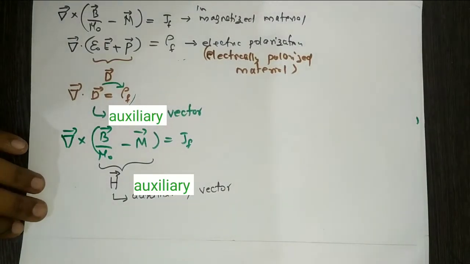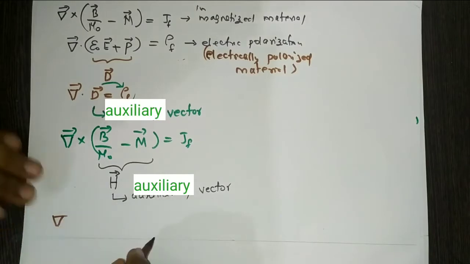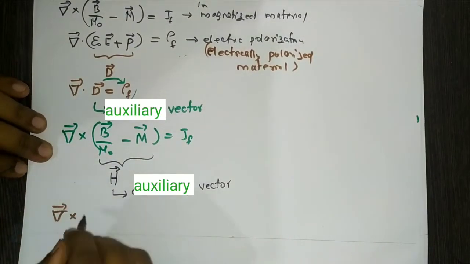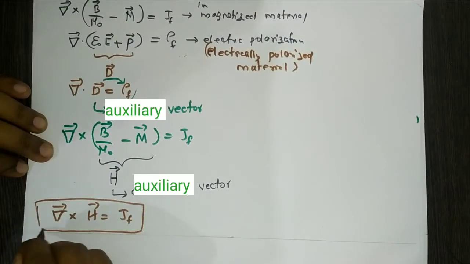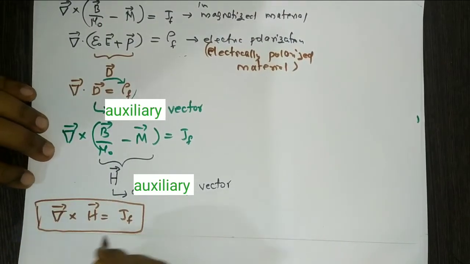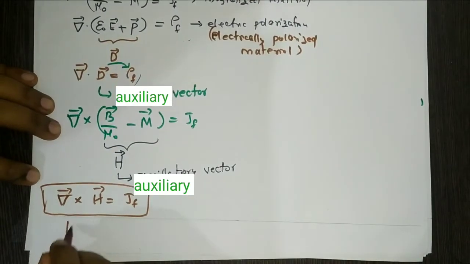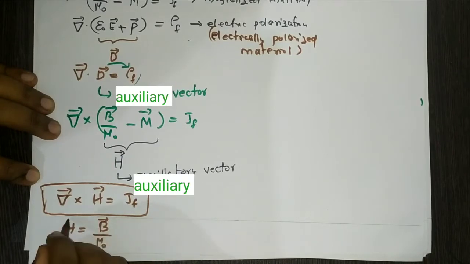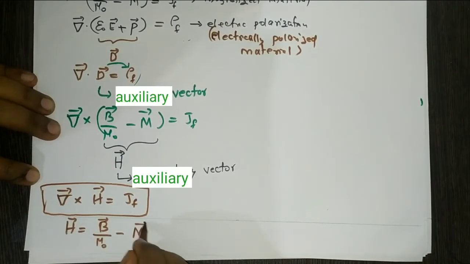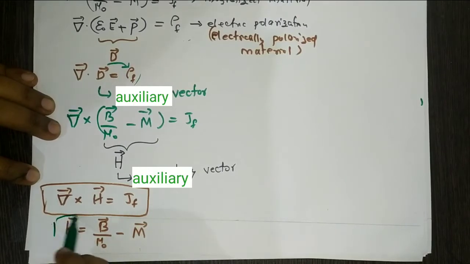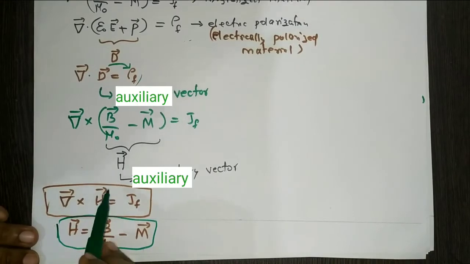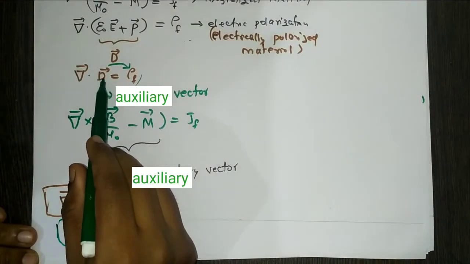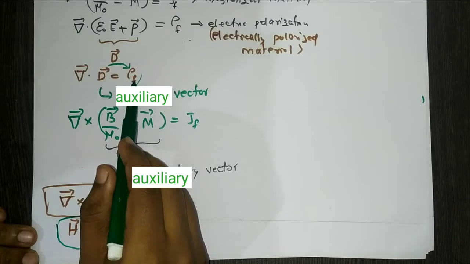Therefore, this expression can be written as del cross H is equal to JF, where H is equal to B by mu 0 minus M. Here you can see that it is similar to D, where D depends purely on the free charge density.